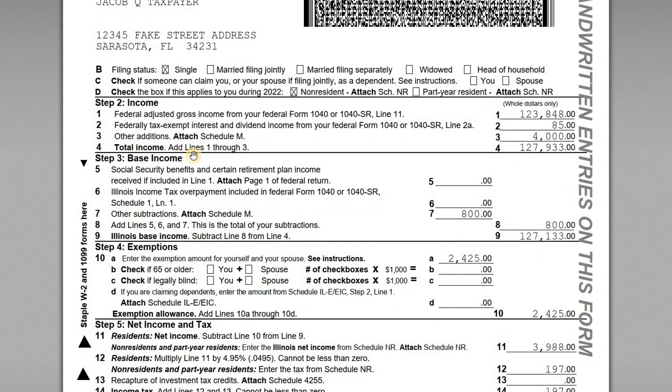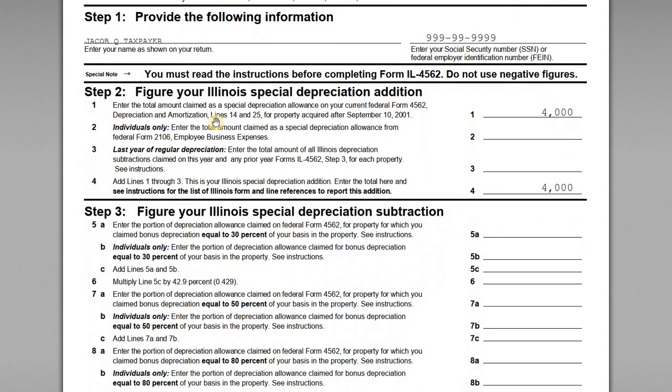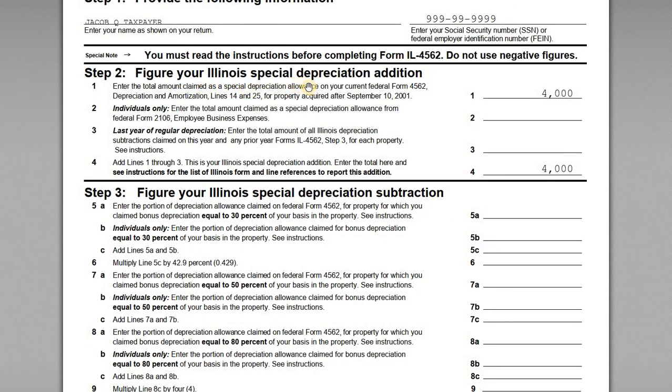And then now we start getting into the other additions coming through from Schedule M, which is the bonus depreciation add back. So if we start with the Illinois 4562, this is where we recalculate the amount of depreciation that is permitted. So in Part 2 here, figure the Illinois Special Depreciation Addition.